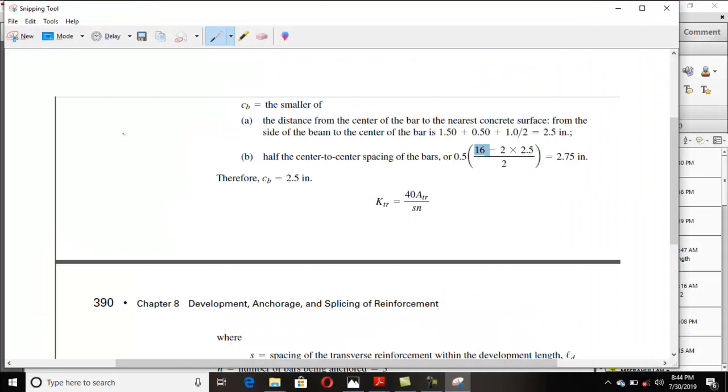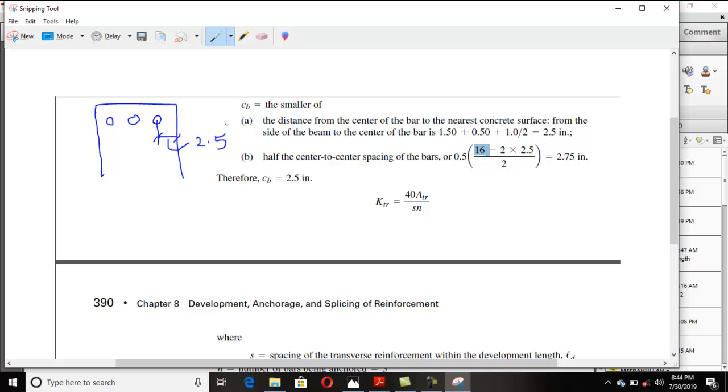Let's see. You have 3 bars. And the center distance from this bar to the face of this beam is derived in step A, that is 2.5 inch.